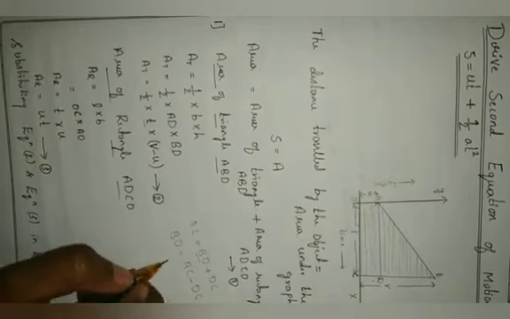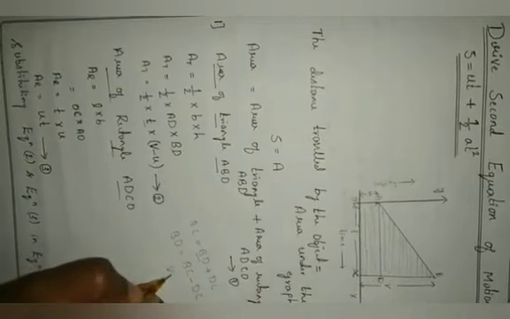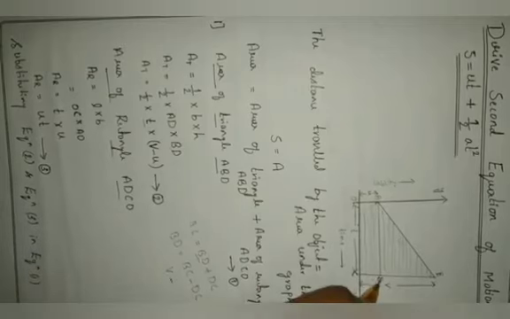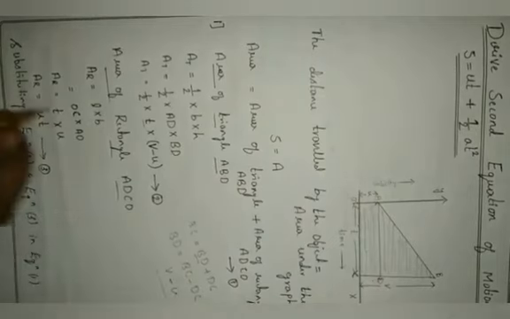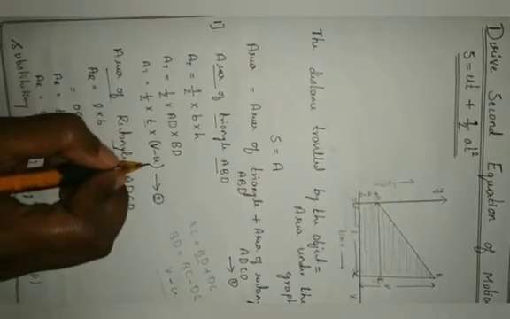Correct? This BC is V, and this DC value is U because it is parallel. So the value of BD is V minus U.